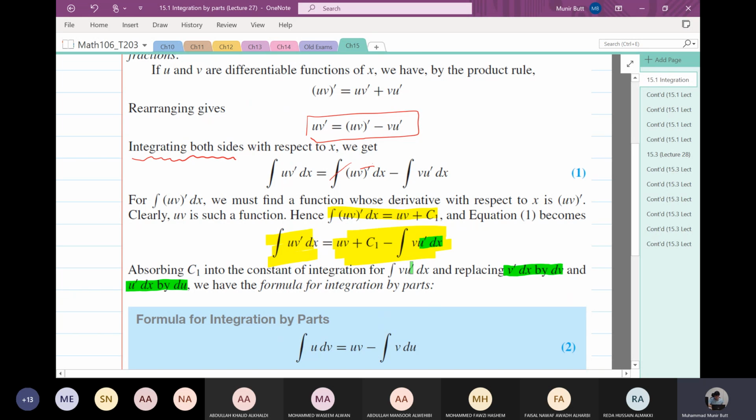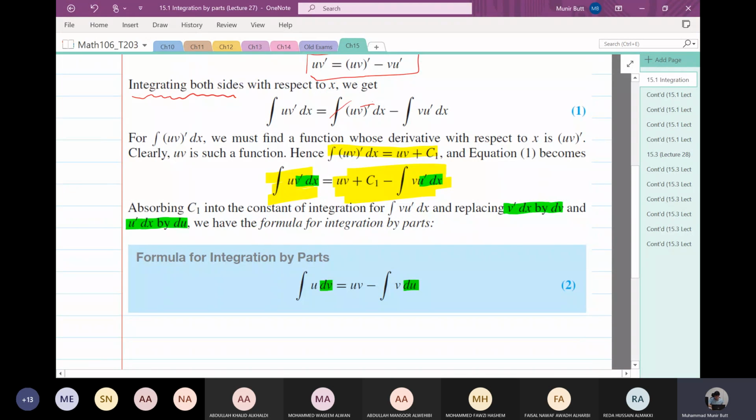So this was your u', and this v' dx is now dv, and this is what is written here. And the constant c1 you will add. So now the formula becomes: the integral of u v' dx is equal to uv minus the integral of v u' dx.